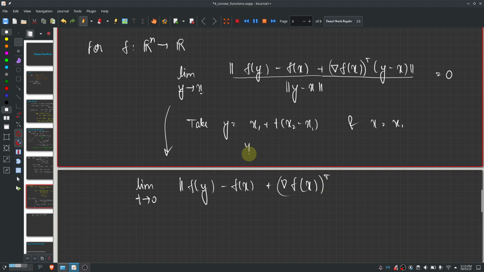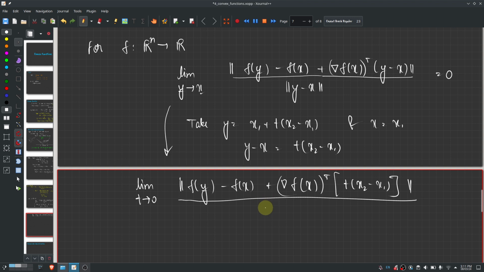What is y minus x equal to? t times x2 minus x1. So this would just be t times x2 minus x1, divided by t times the norm of x2 minus x1.